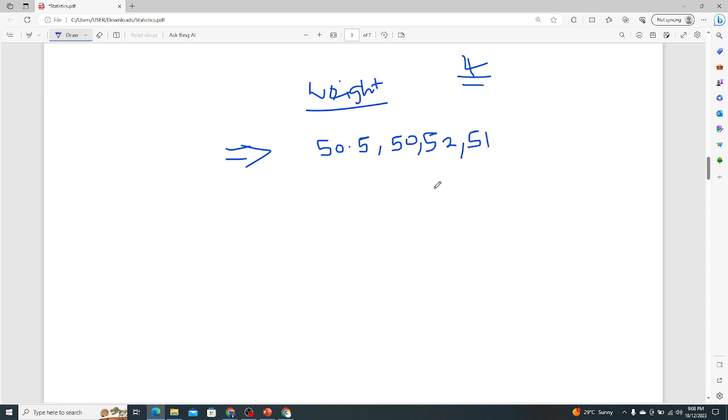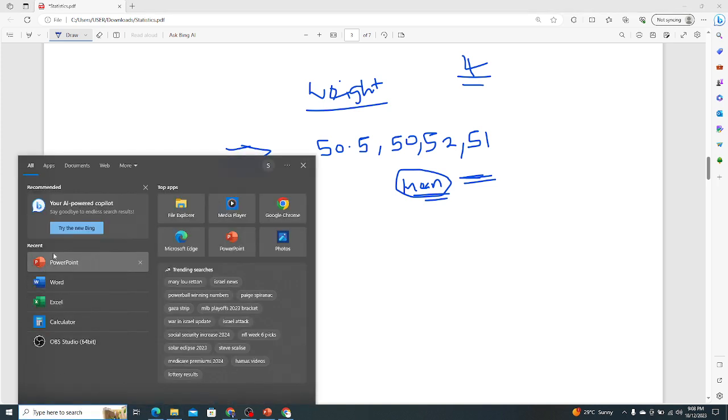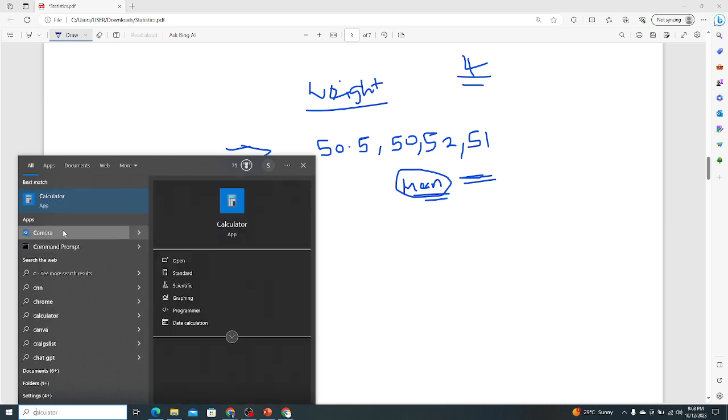Can someone maybe calculate the mean weight of this? That is the average weight. If you have a calculator around you, someone?